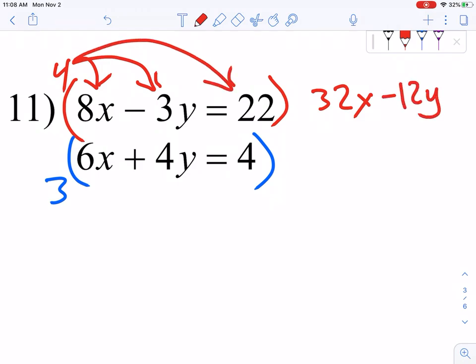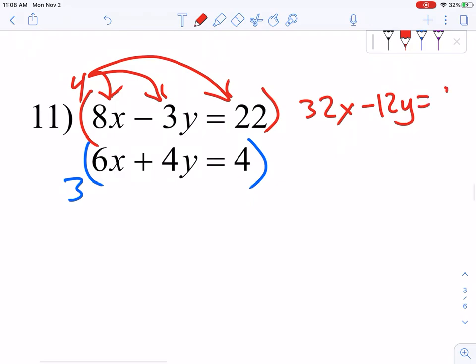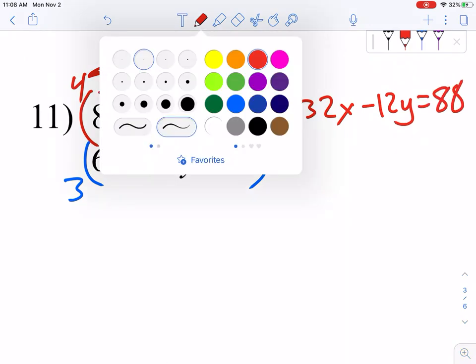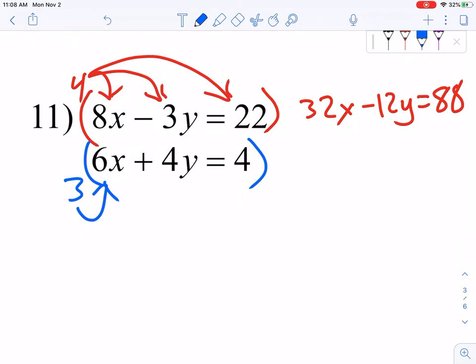And 4 times 22 will give me 88. 3 times 6x will give me 24x. 3 times 4y will give me positive 12y.